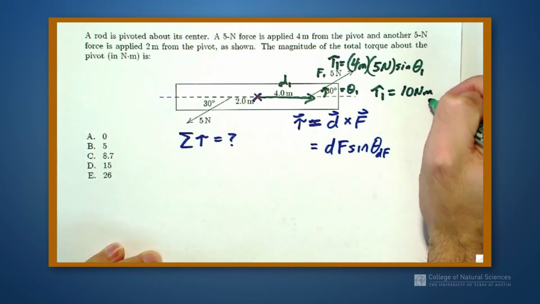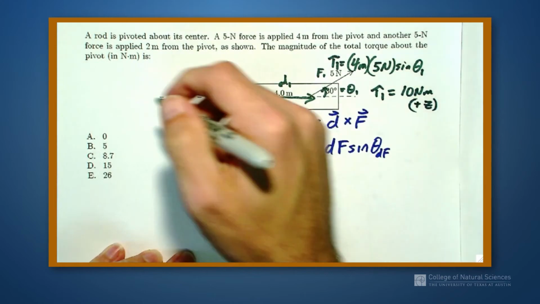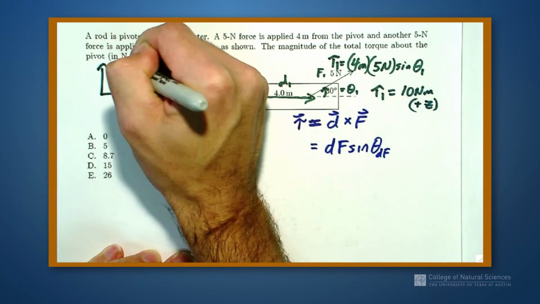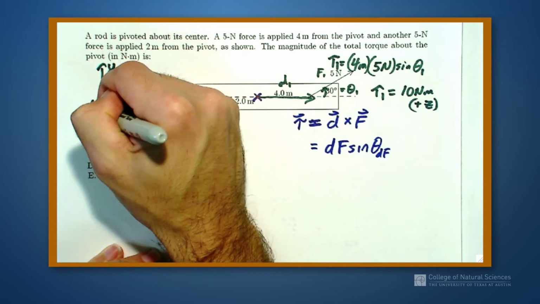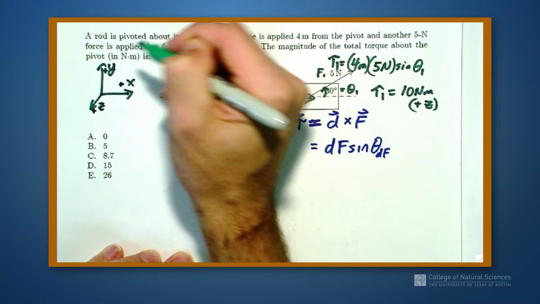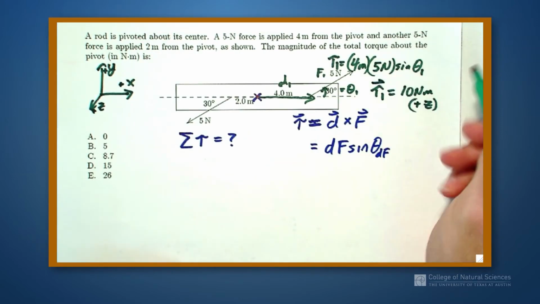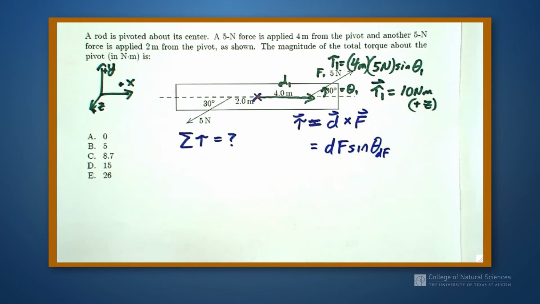So I'm going to say this is in the positive z direction. X, y, and z comes out of the page at us. Positive x, positive y, positive z. So this will tell me that when I add my torque vector, I make sure that it's in the positive z direction. All right, let's look at the other torque.